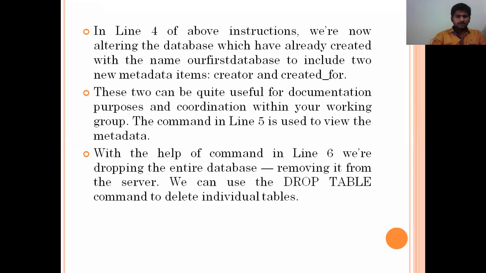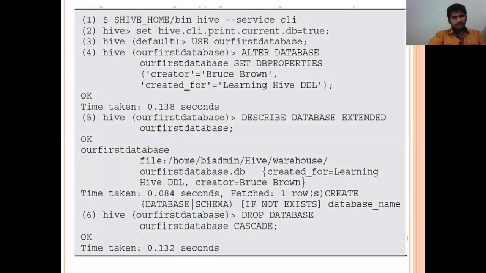With the help of the command in line 6, we are dropping the entire database and removing it from the server. So we can drop the table, and the command deletes individual tables. In line 6, in Hive, we drop the database, and that particular database is going to be deleted. So we know how to create, how to alter and how to drop.